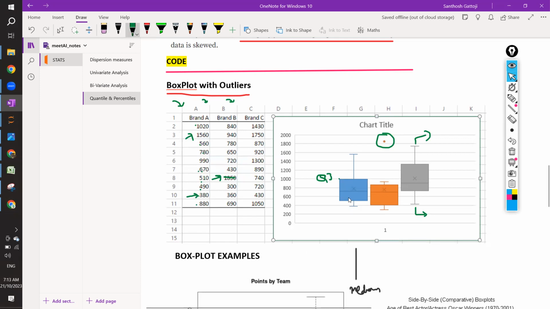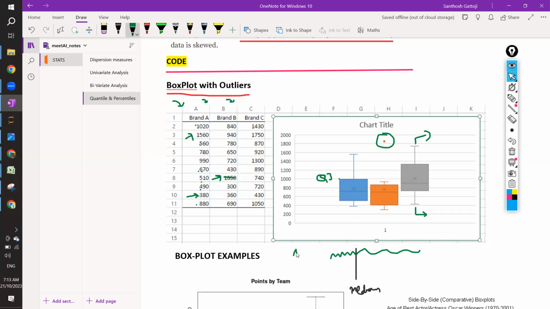we can visualize the first graph as, till median, it is almost closely packed, right? After median it has become slightly spread, like this. Till this median, closely packed. After median, you can see the length is getting increased.